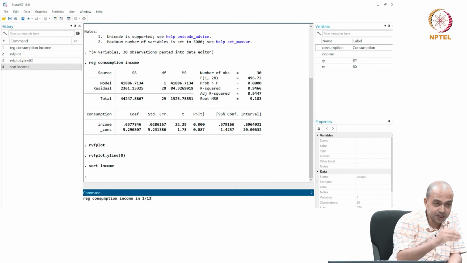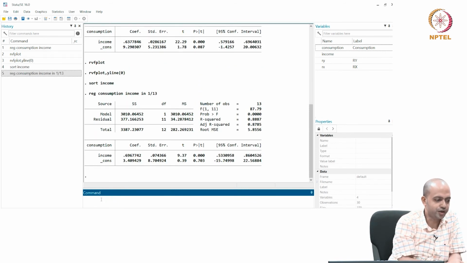The command is in 1/13, that means from 1 to 13. This is your first regression, right?